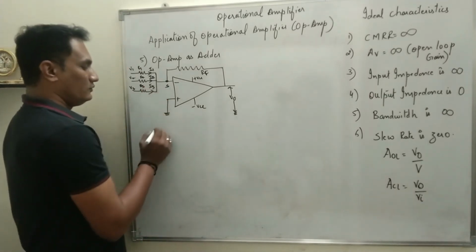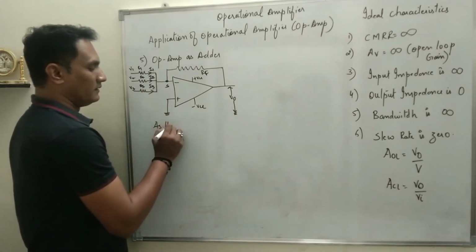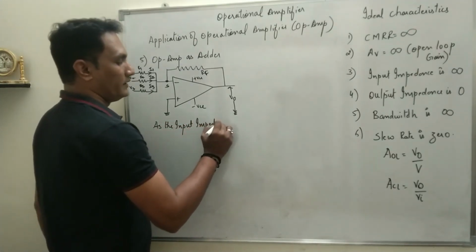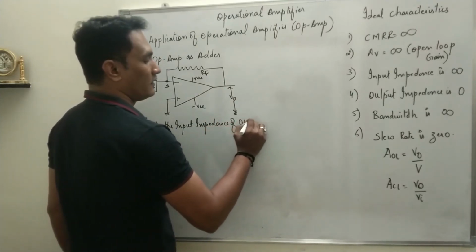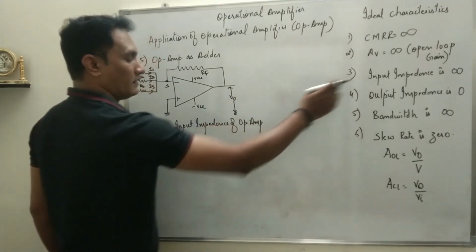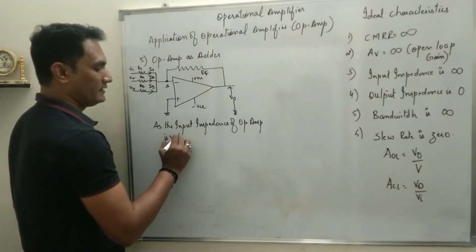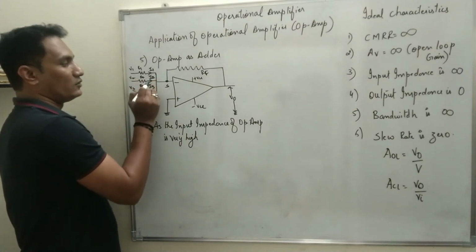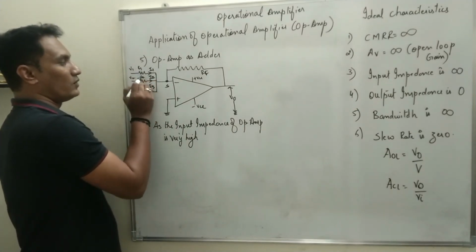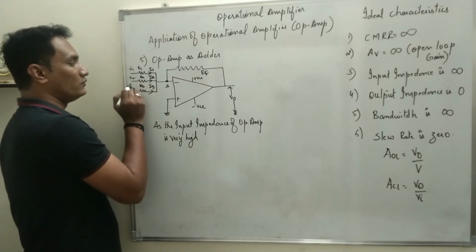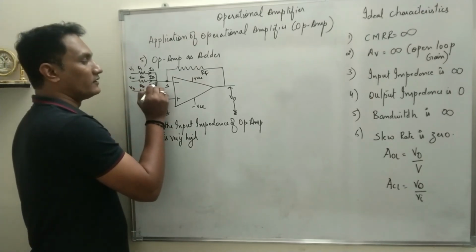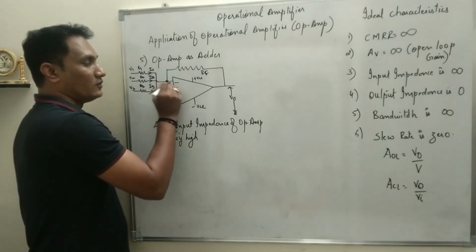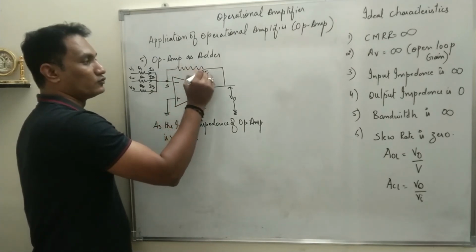Now we will write, as the input impedance of op amp is very high: the currents I1, I2, I3 which flow through R1, R2, R3 when V1, V2, V3 are applied will all reach the summing point S. And as the input impedance of op amp is very high, no current will flow through the op amp, all the current will flow through the feedback resistance.